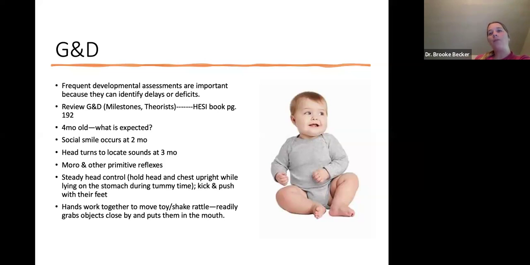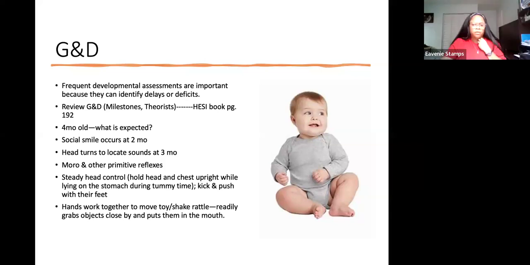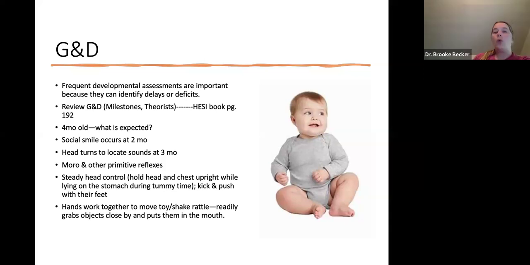What about rolling? Rolling typically happens around 5 months. Rolling from abdomen to back, belly to back first, is usually around 4 months, and then back to belly is later, closer to 5-6 months.